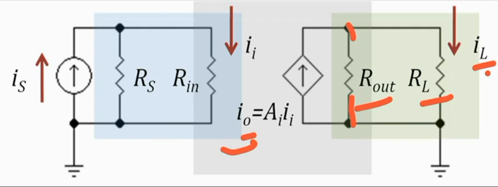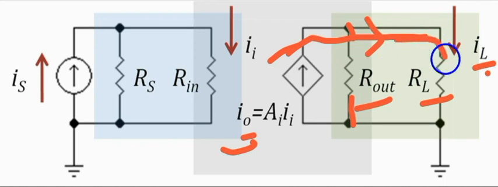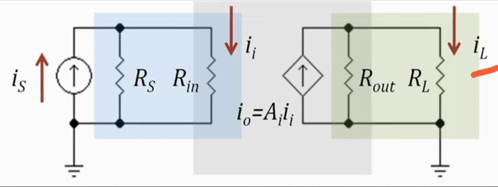It means no current, or the I naught which is being delivered by this current source and is going right here, will not flow through R out, rather it will flow through RL, which is nothing but your IL. So IL in such a case will be approximately equal to I naught.